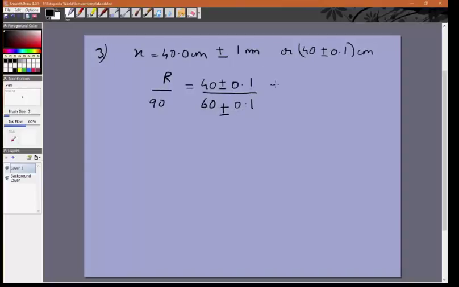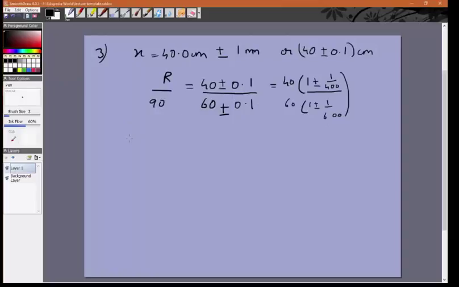From this we can see that this is equal to 40 times 1 plus minus 1 by 400, divided by 60 times 1 plus minus 1 by 600. 40 by 400 is 1 by 10, yeah.